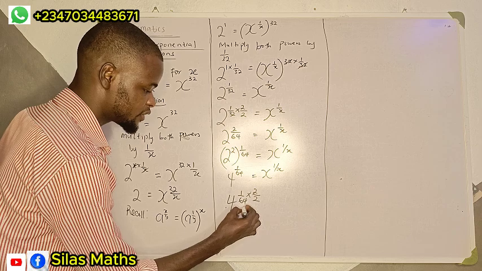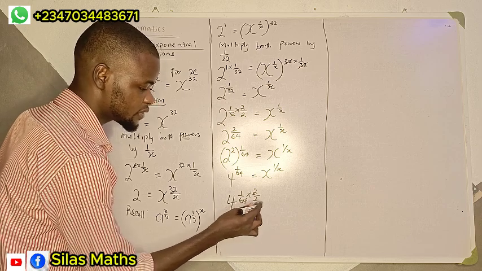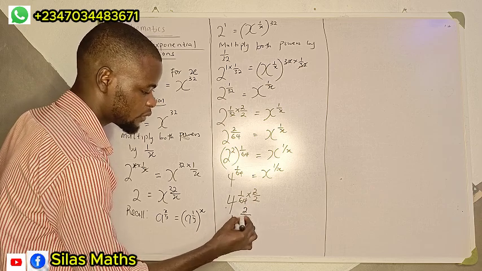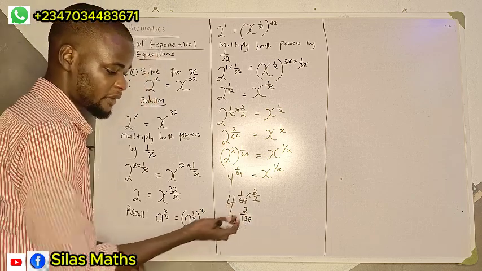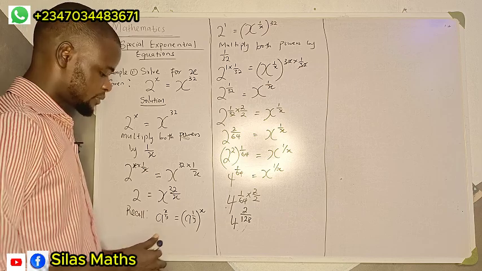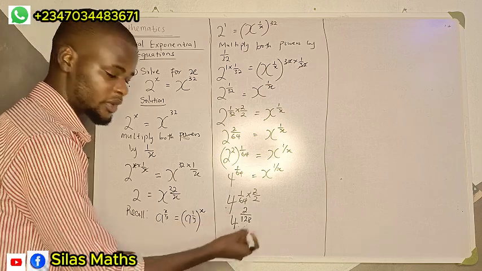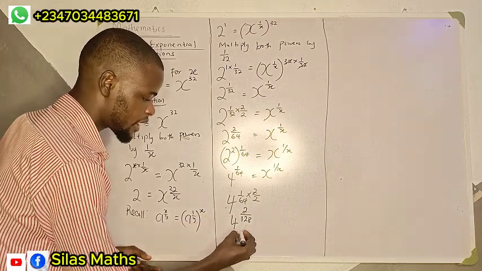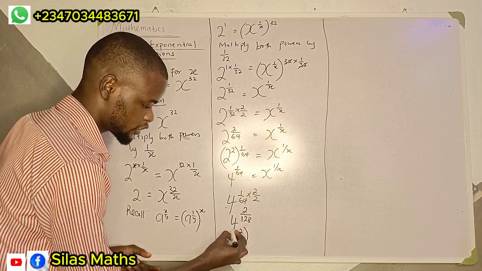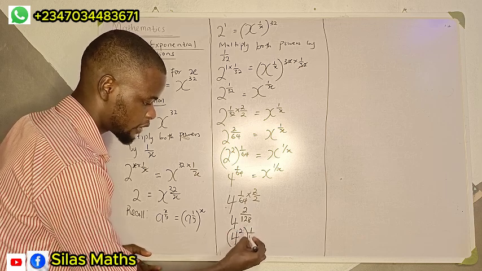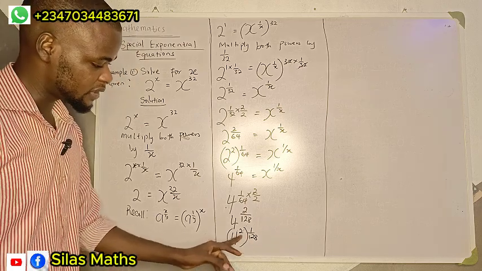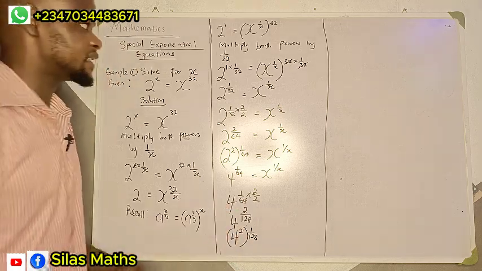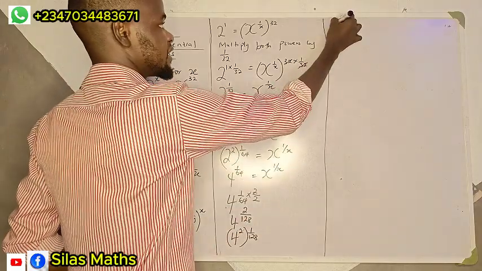Then we take the power again, applying the power law again here. We're going to have 4 to the power of 2, all to the power of 1 over 128. And 4 to the power of 2 is 16. So this becomes 16.